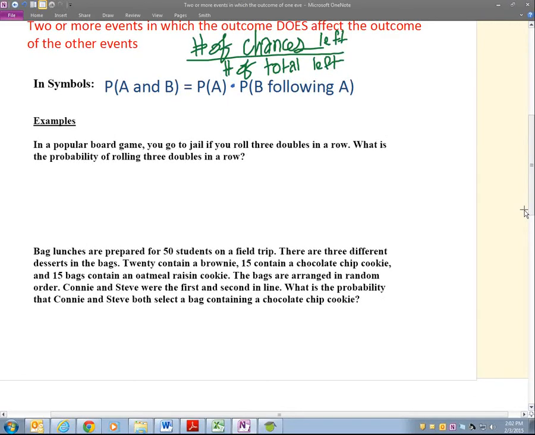One of the situations with a dependent situation is, is something changing? Is the first event changing when the second event happens?